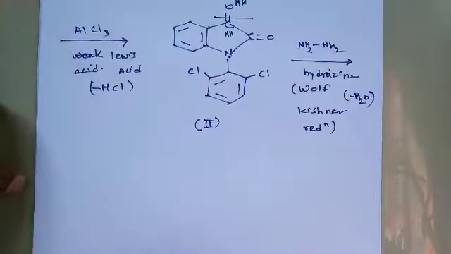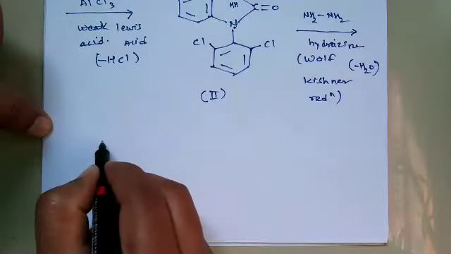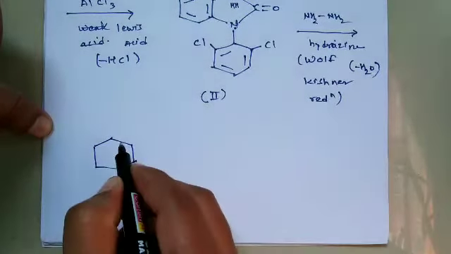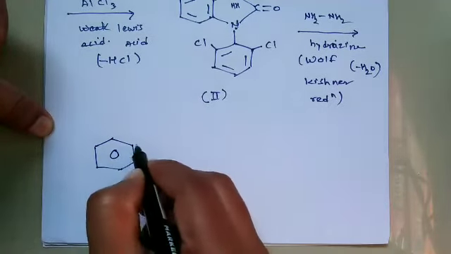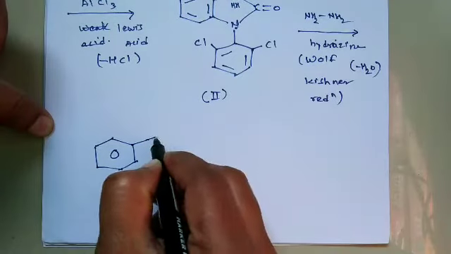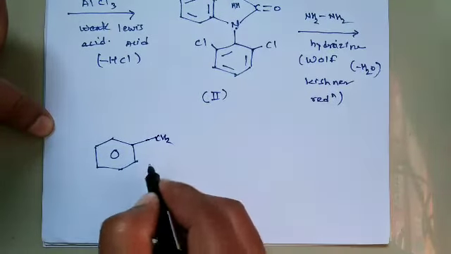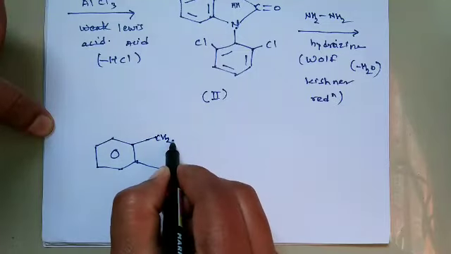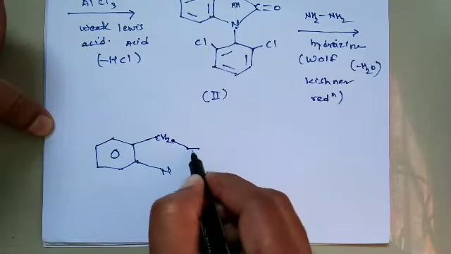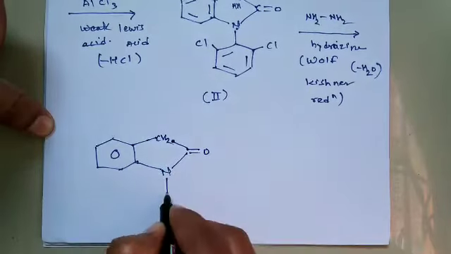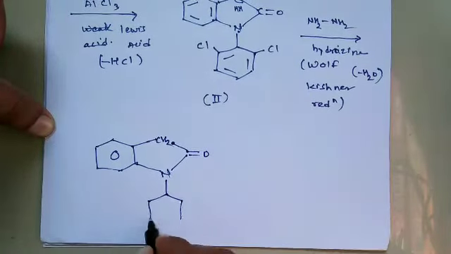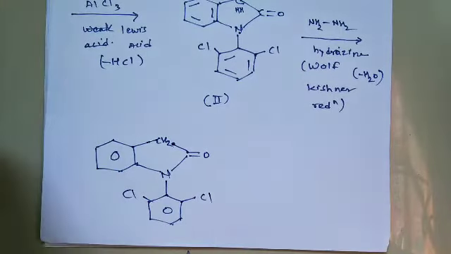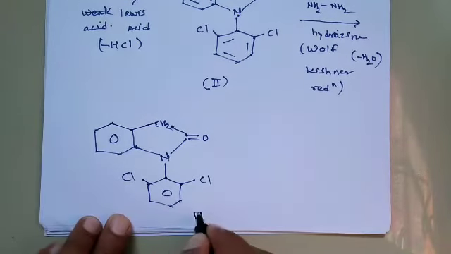Okay, then how to write the third intermediate? Simple, only a removal of the H2 molecule and presence of CH2 here, and C double bond O, benzene ring, Cl. Okay, so this is the third intermediate.